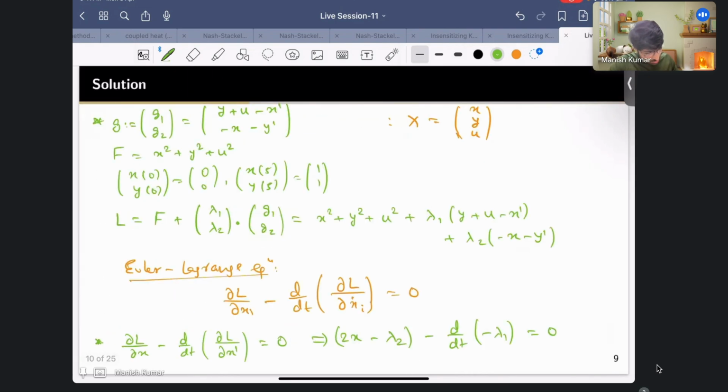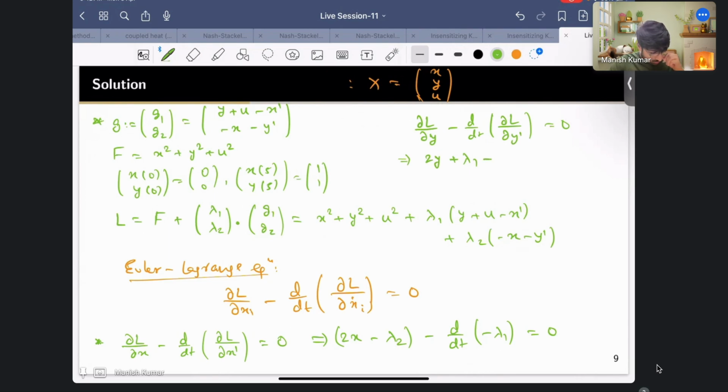Okay, so let me do it here somewhere. So you have to do del L by del y minus d dt of del L by del y prime equal to 0. So over here del L by del y would be 2y, and then you will have plus lambda 1, and then what else we have? That's it, right? And then minus del L by del y prime, you will get minus lambda 2, right?